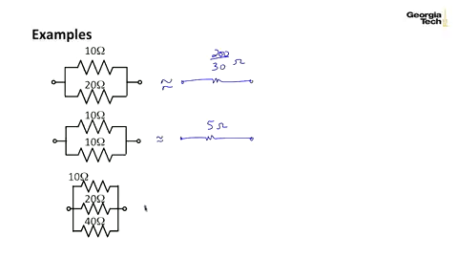If I've got 3 in parallel, then I put that into the formula. I'm going to have 1 over 10 plus 1 over 20 plus 1 over 40, all in the denominator. And if I find that value, it's going to be 5.71 ohms, which is smaller than any of the individual ones.